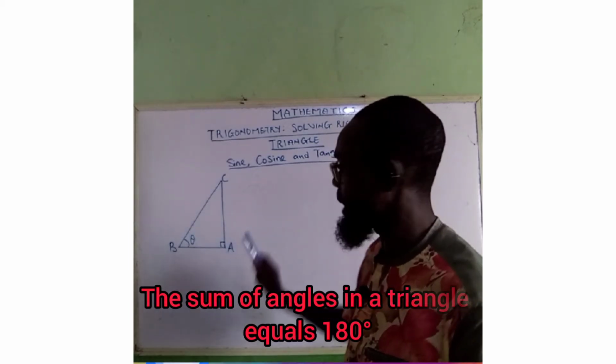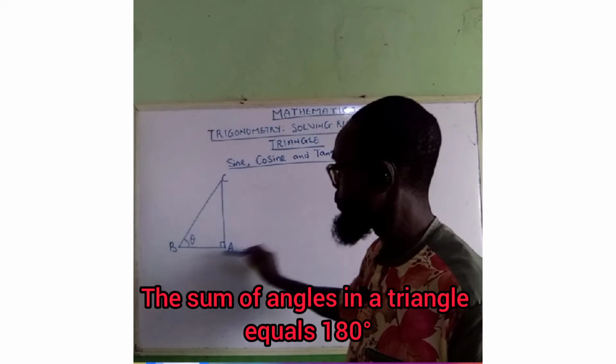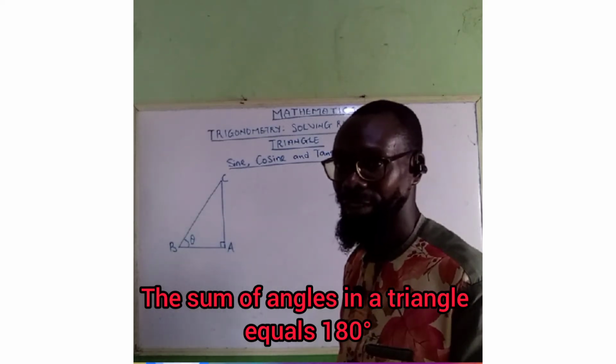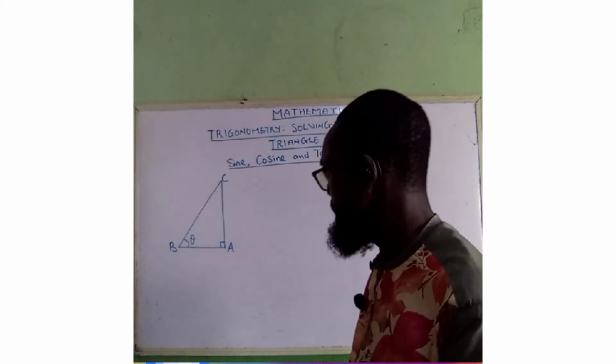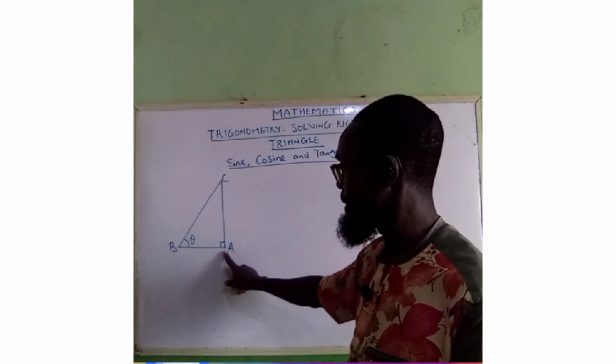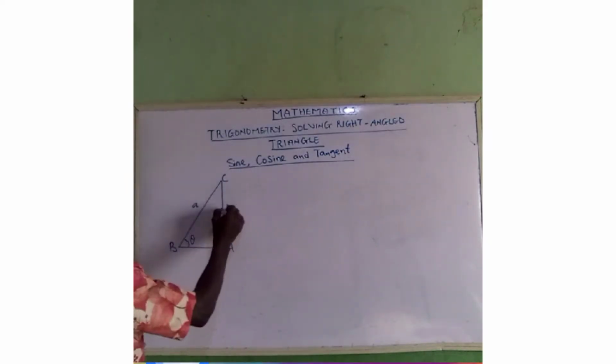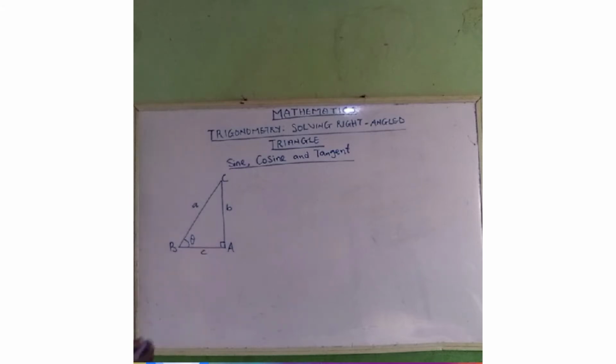And we should recall that the total sum of angles in a triangle will be equals to 180 degrees. Now, if this place is angle A, definitely this side will be small letter a, small letter b, and small letter c.